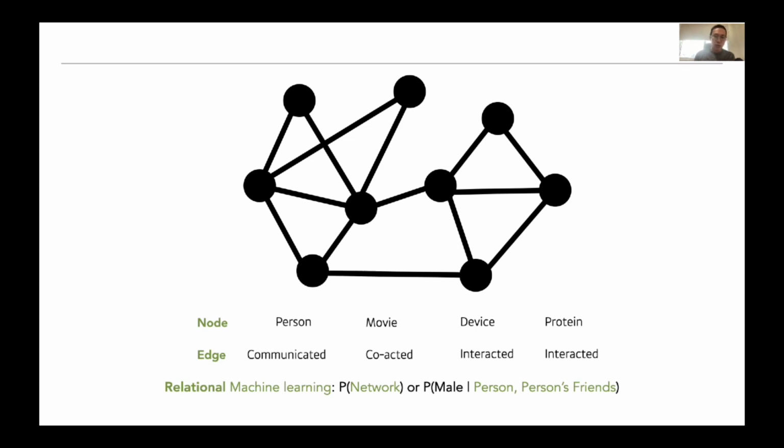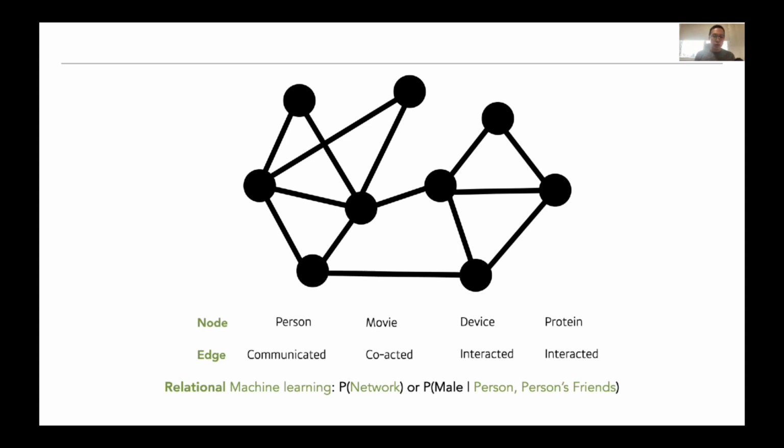And we can more easily guess the gender of the person by looking at the person's friends. So we try to leverage additional information in addition to each person's attributes.